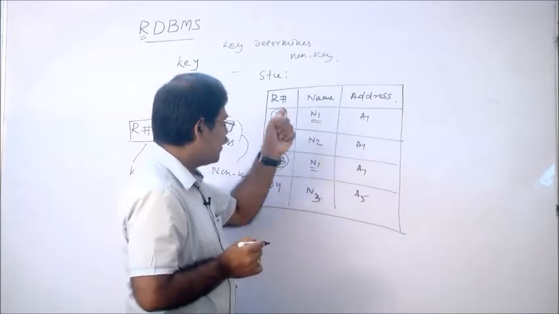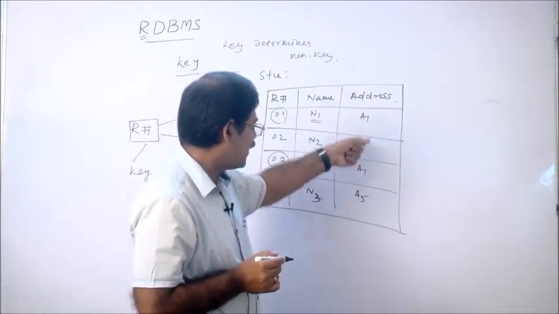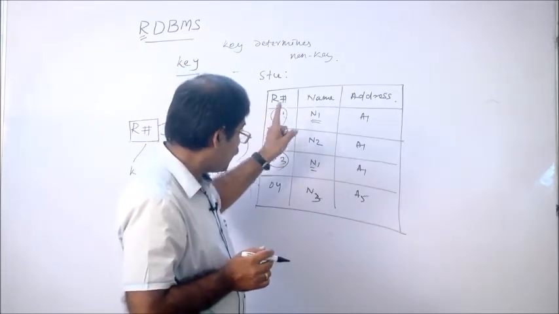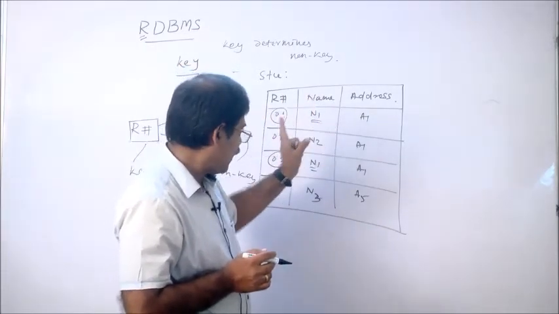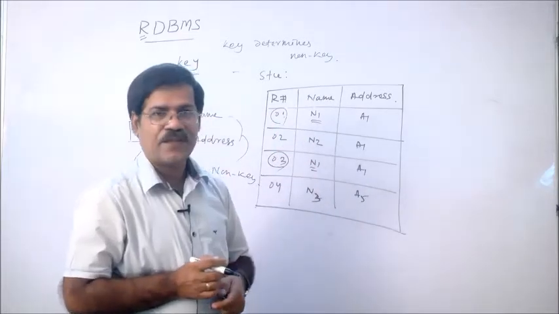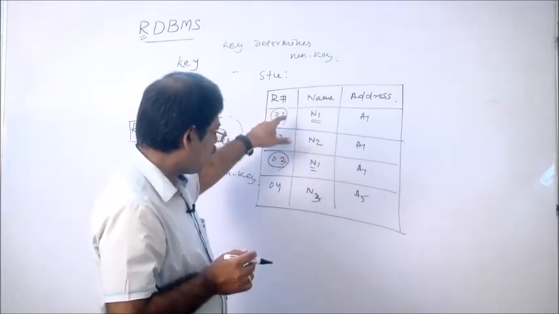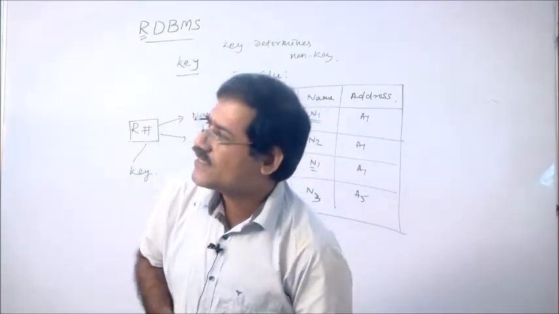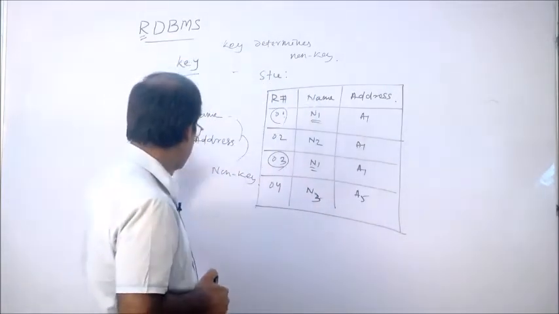So from name you cannot retrieve the roll number, and from address you cannot retrieve a single roll number. But if you say roll number 1, only one student is there, and roll number 2 is only one student. So the roll number or registration number is not duplicate, and that field is taken as a key value. So the roll number field is a key.